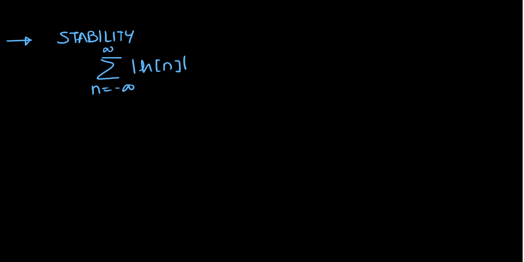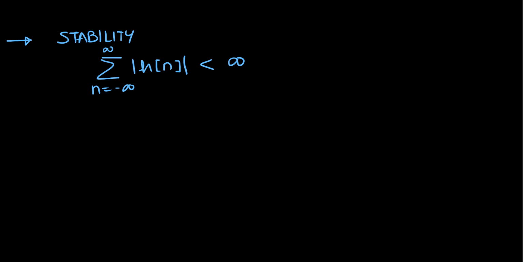Now let us look at the second property, that is the stability. We know that for a system to be stable, its impulse response should be absolutely summable, that is, summation n running from minus infinity to infinity of mod of h of n should be less than infinity.